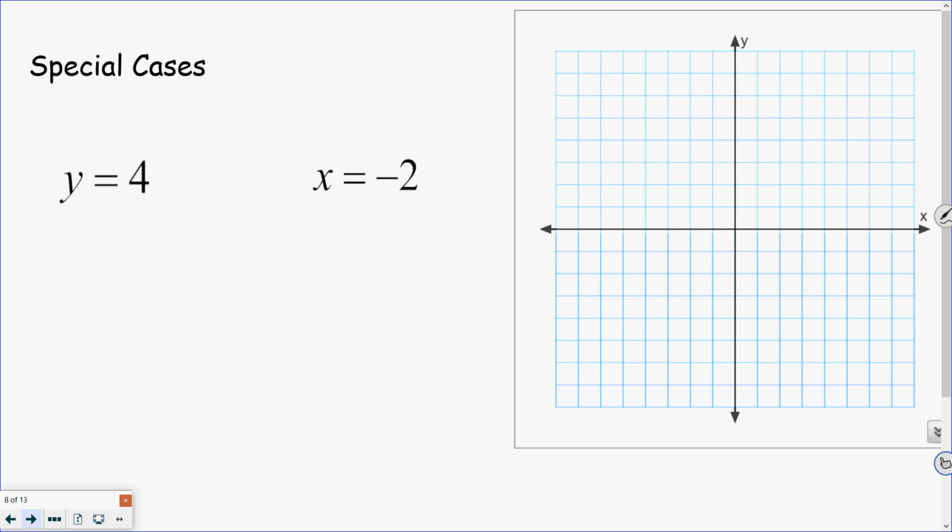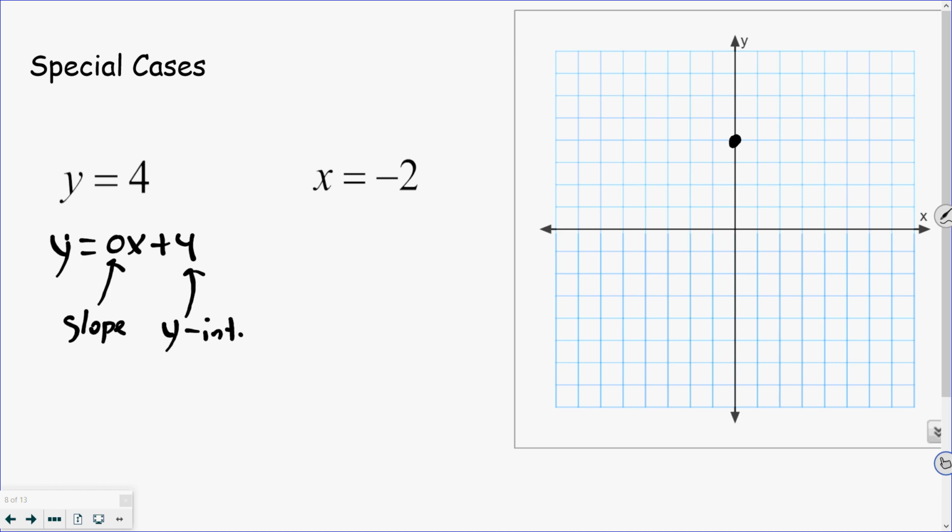So if you look at this one, the y equals 4, you could think of it this way. It's like saying y equals 0x plus 4. Right? So 4 is the y-intercept, and it has a slope of 0. So we're going to come up to 4 as the y-intercept, and it has a slope of 0.